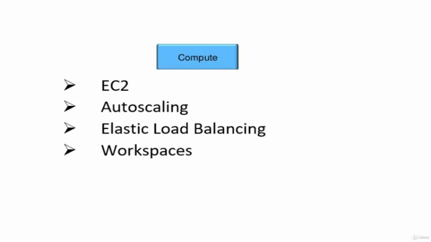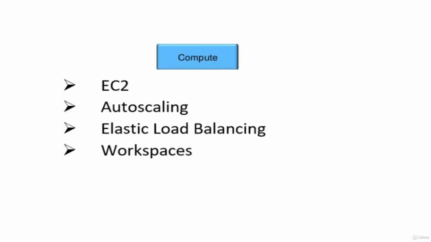Elastic load balancing offers two types of load balancer that both feature high availability, automatic scaling, and robust security. These include the classic load balancer that routes traffic based on either application or network level information, and the application load balancer that routes traffic based on advanced application level information that includes the content of the request.